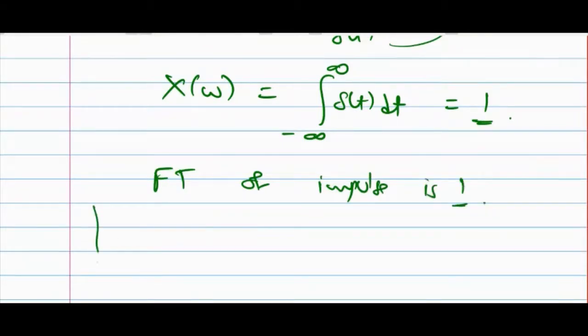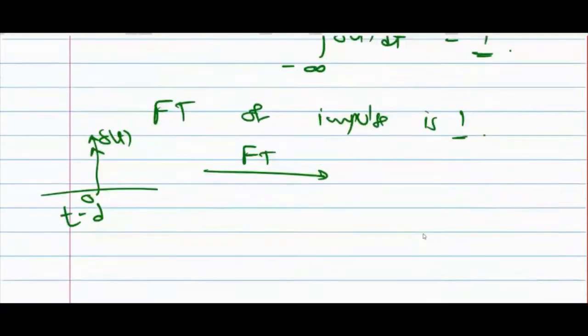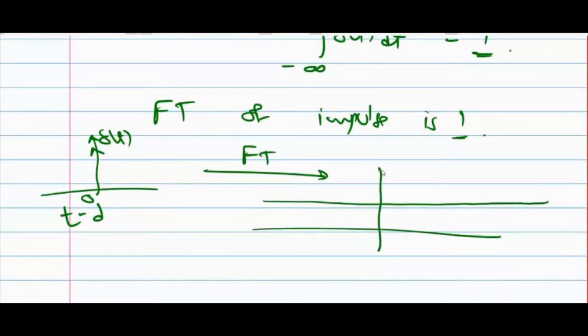This is a time domain signal. No need to draw the time domain signal, but for your understanding, I am just drawing it. Then its Fourier transform is 1 and this is its amplitude spectrum. So 1 has amplitude spectrum 1 only. Amplitude 1 here. This is the magnitude of x of omega. It will go till infinity. X axis will be omega.